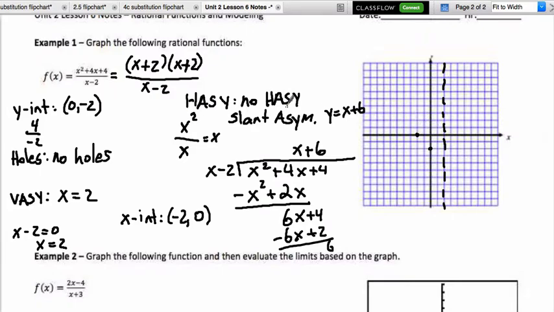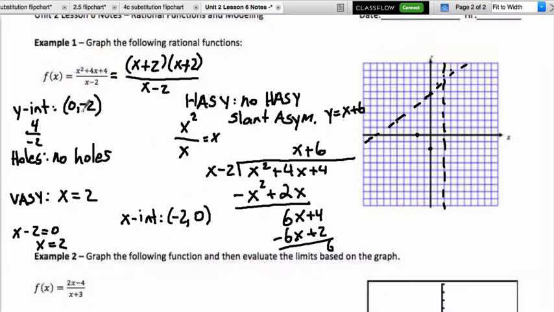We have a slant asymptote with a y-intercept at 6. So we're going to go up to 6. 1, 2, 3, 4, 5, 6. And then our slope is 1 over 1. So you do need to remember how to graph a line to do this. Just kind of drawing it in here. And there's our slant asymptote.